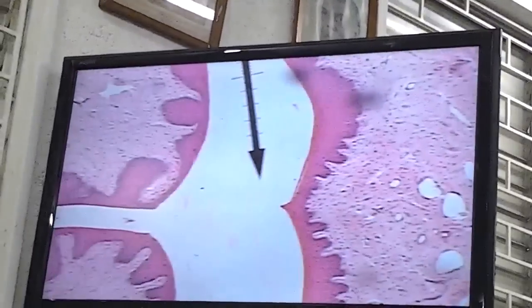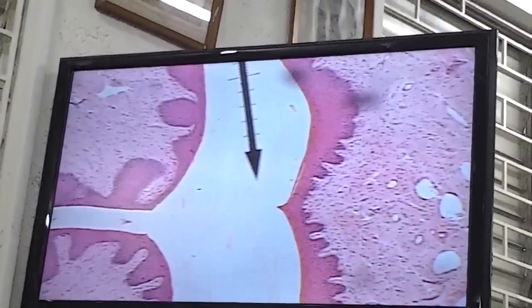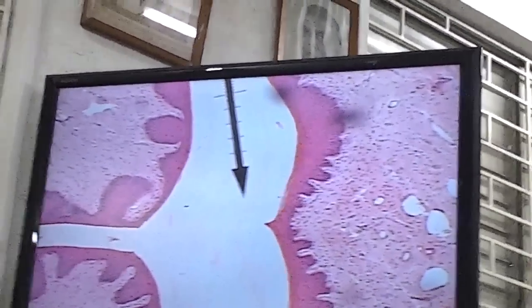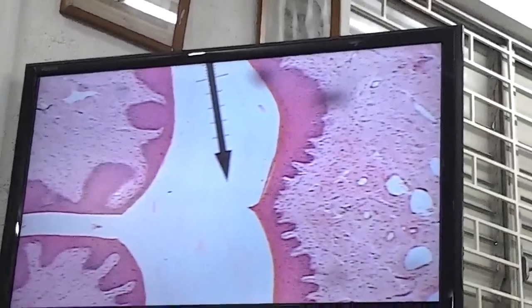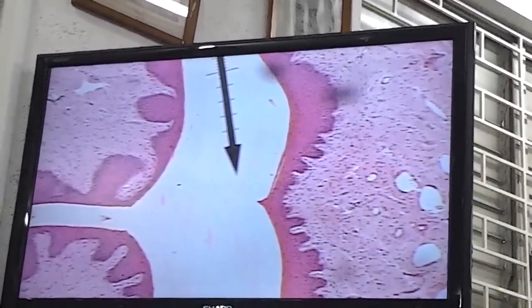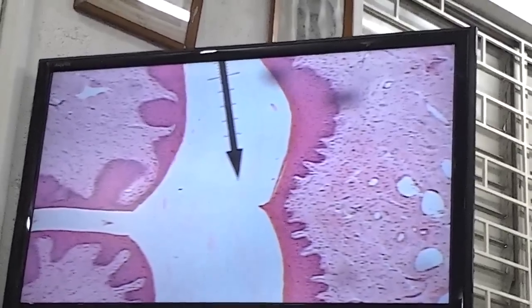What's the lymphatic drainage of the vagina, this very end, and the urethra? The medial group of superficial inguinal nodes.